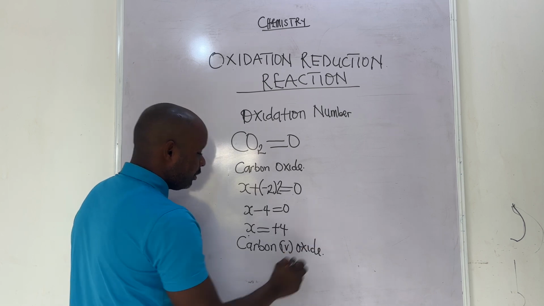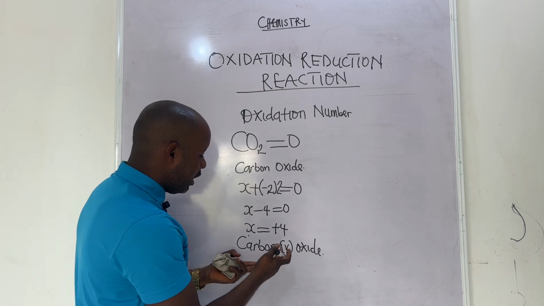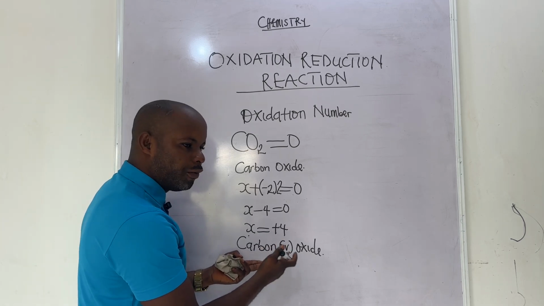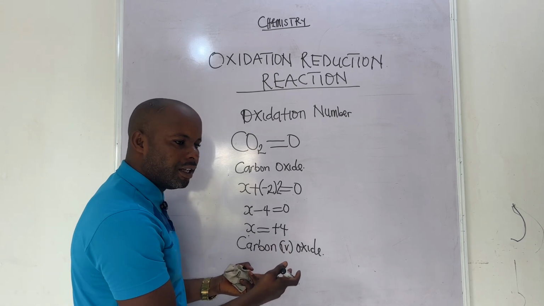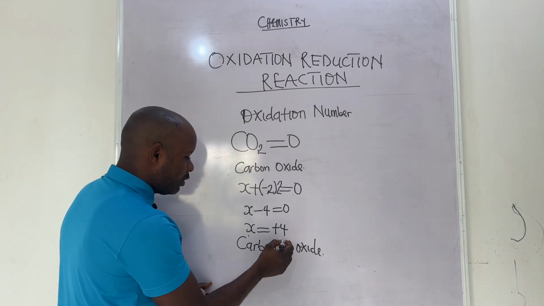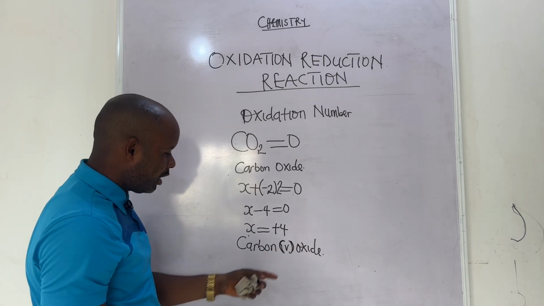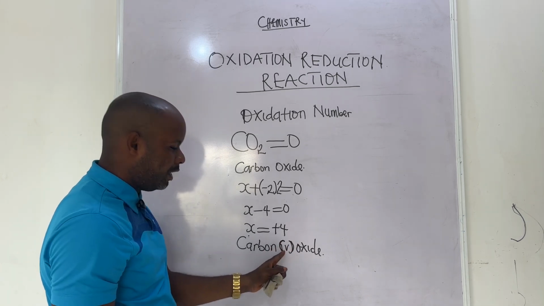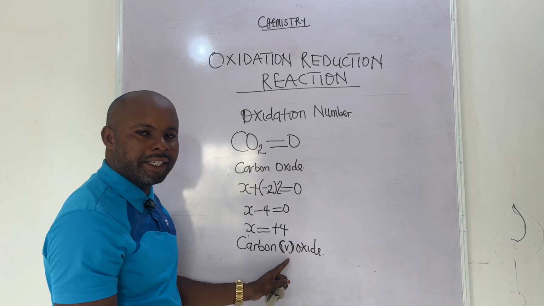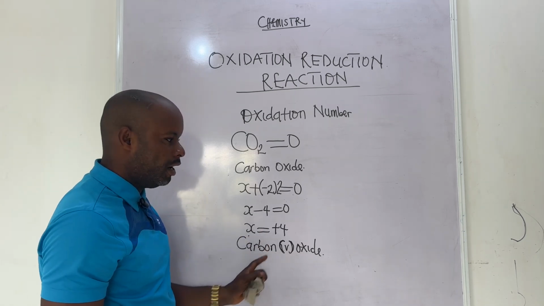oxide. So in this aspect, for any compound or element that exists in more than one oxidation state, we use these rules to indicate the state at which the element is. For instance, we use a Roman numeral enclosed in a bracket to indicate the state of the element.